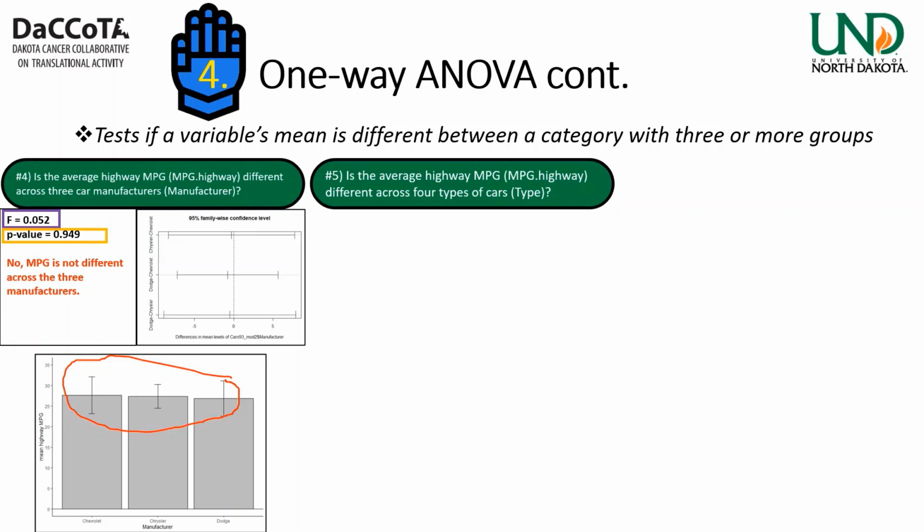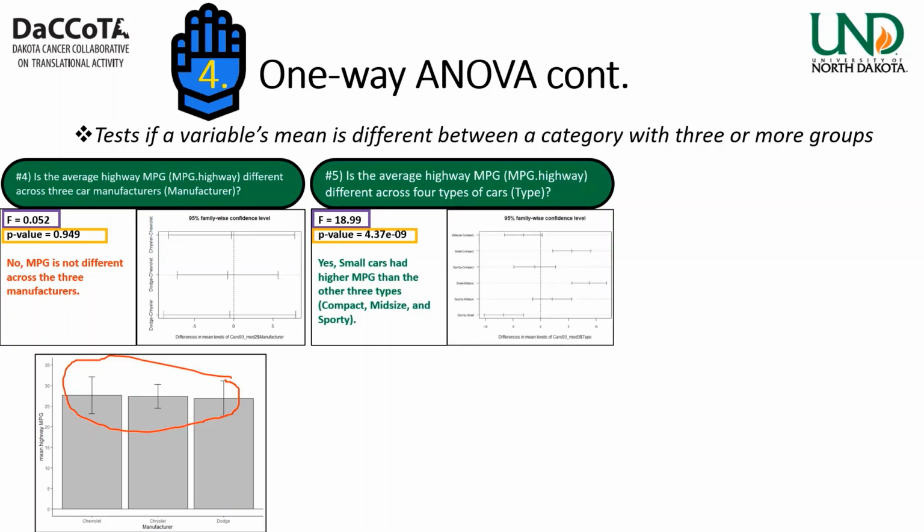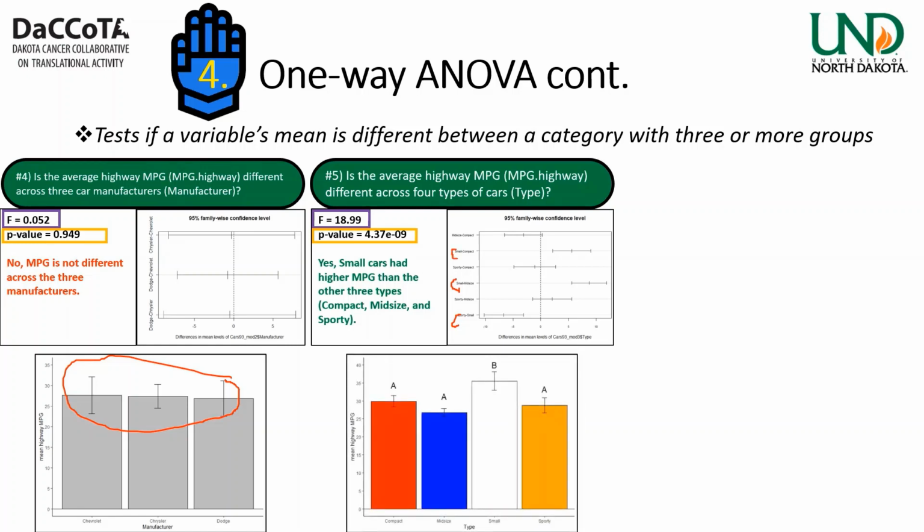Now, continue with this data set. Is average highway MPG different across 4 types of cars? So we'll look at that, and that is significant. Now we have 4 different groups, so there are more comparisons, getting more complicated, but it looks like this and this comparison are significant, and we parse that out.